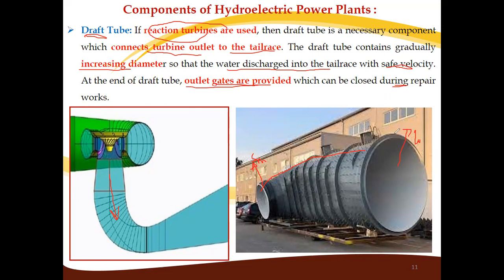So the outlet gate will close the flow from this draft tube, so we can keep the draft tube closed during repair and maintenance work. So this is the seventh part of this hydroelectric power plant.